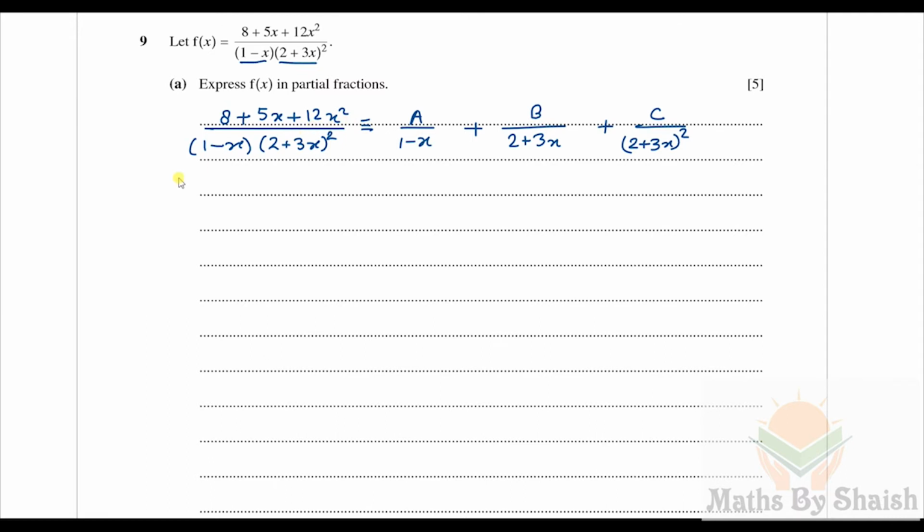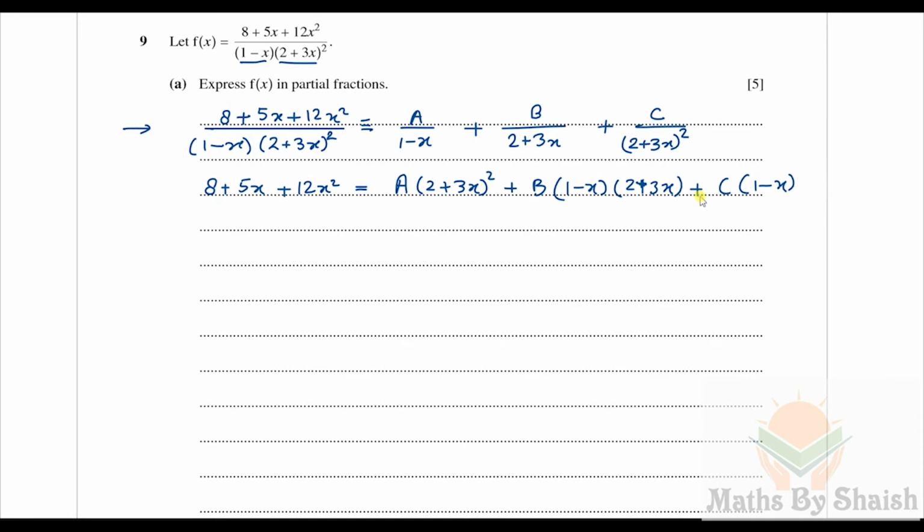So let's multiply the whole equation by the denominator, and then we will get 8 plus 5x plus 12x square is equal to a times (2 plus 3x) whole square, because there is no denominator of (2 plus 3x) whole square, and b times (1 minus x) and (2 plus 3x) 1 power, because there are 2 powers we are multiplying, and plus c times (1 minus x).